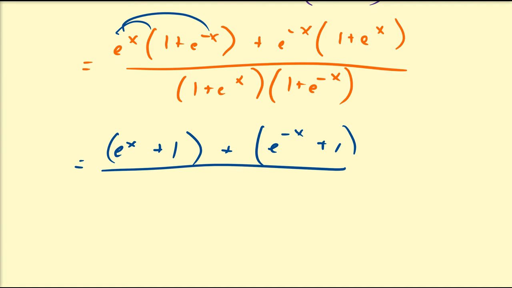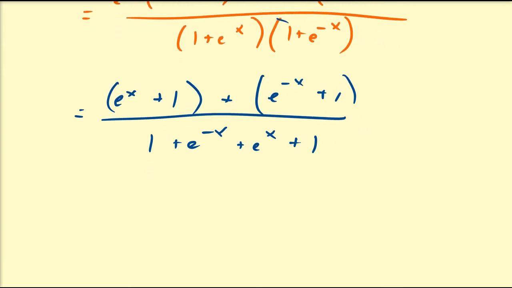all over. All right, so what do we get here? So distribute this, so we're going to get 1 plus e to the minus x plus e to the x plus 1, right? So on the numerator, we get what? So we get 2 plus e to the x plus e to the minus x. On the bottom, we also get 2 plus e to the x plus e to the minus x.